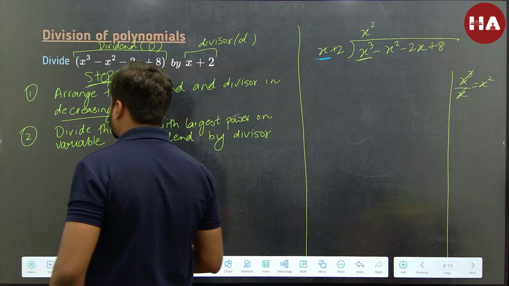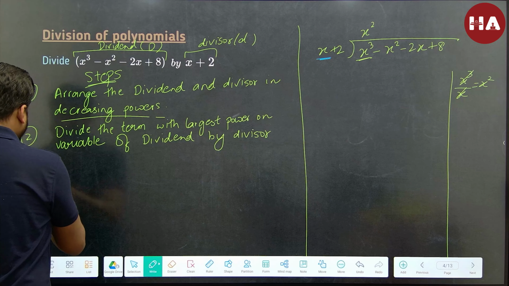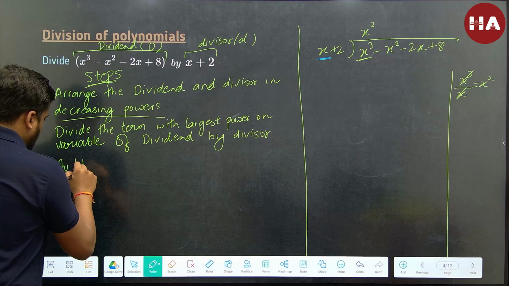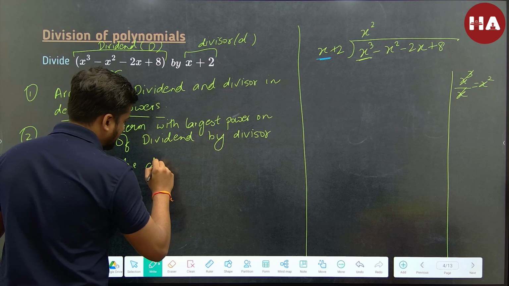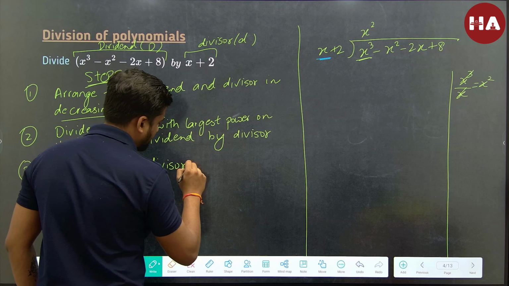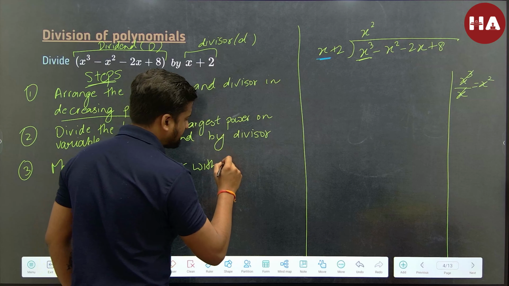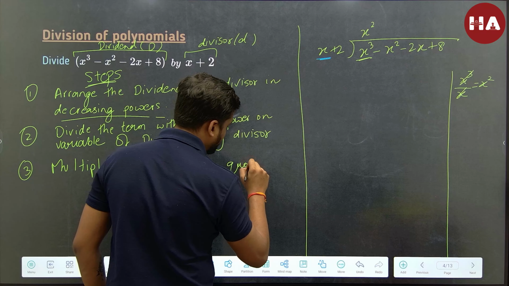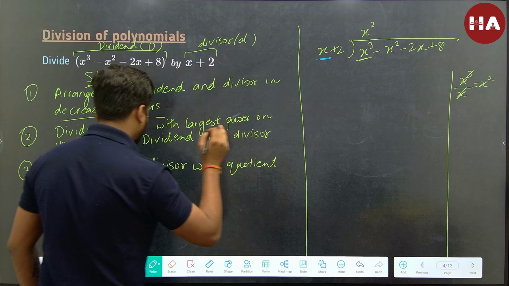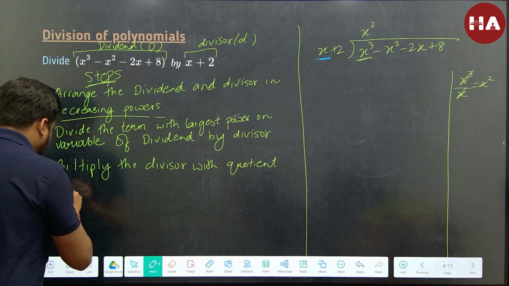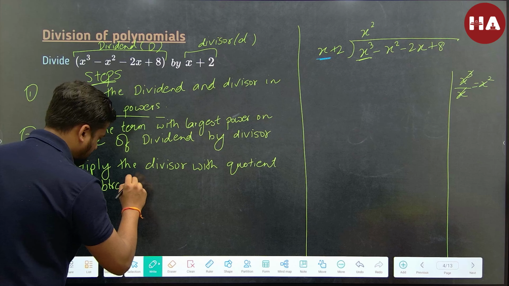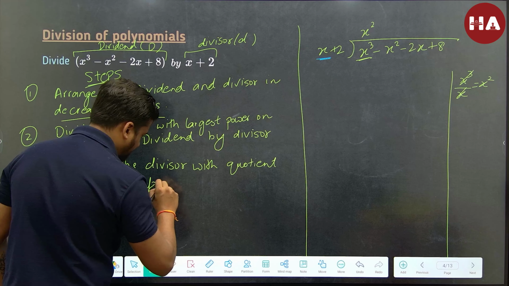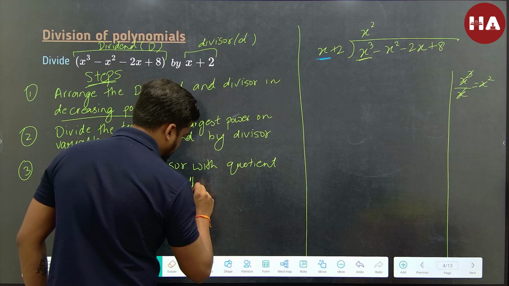All right, now step 3 is multiply the divisor with the quotient received, and subtract from dividend.